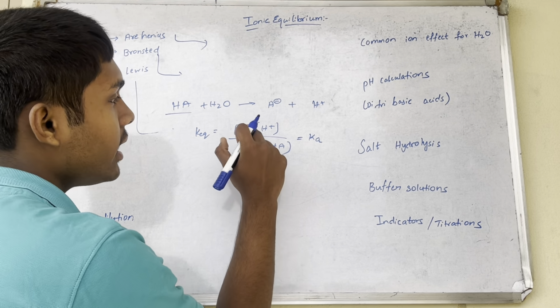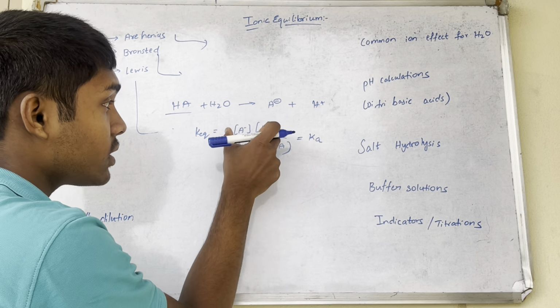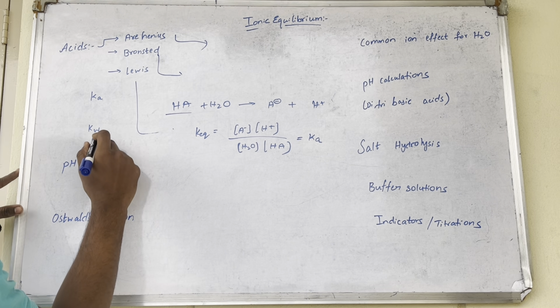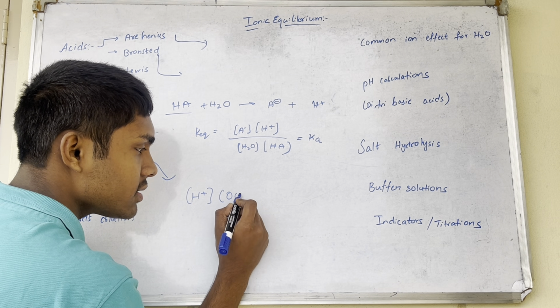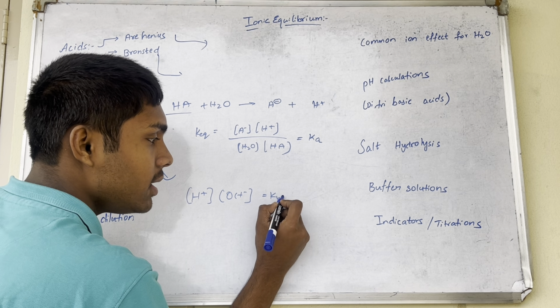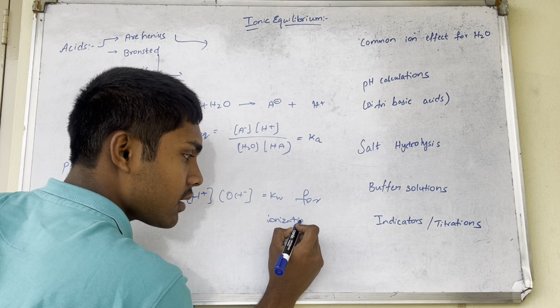And now here it is A minus, which is a base ion, which is the acid ion, right? This one here, Kw. Kw, in the sense H plus concentration times OH minus concentration, is termed as Kw for ionization of water.